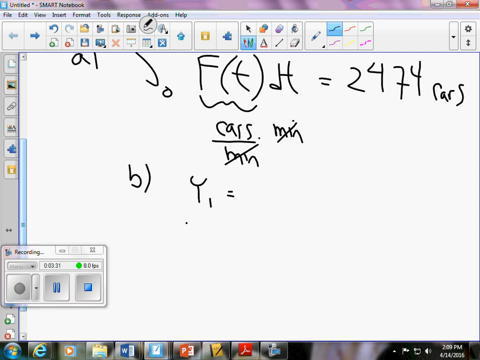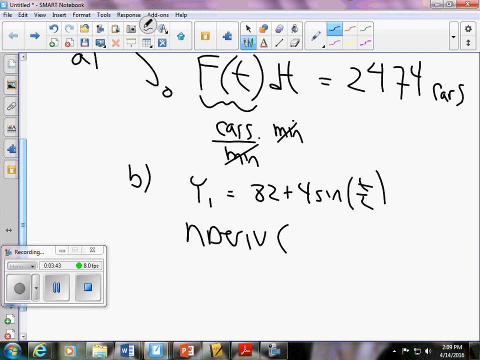Math 8. So we would do the nDeriv: nDeriv of y1, comma, x, comma, 7. We want to know the value of the derivative at 7.